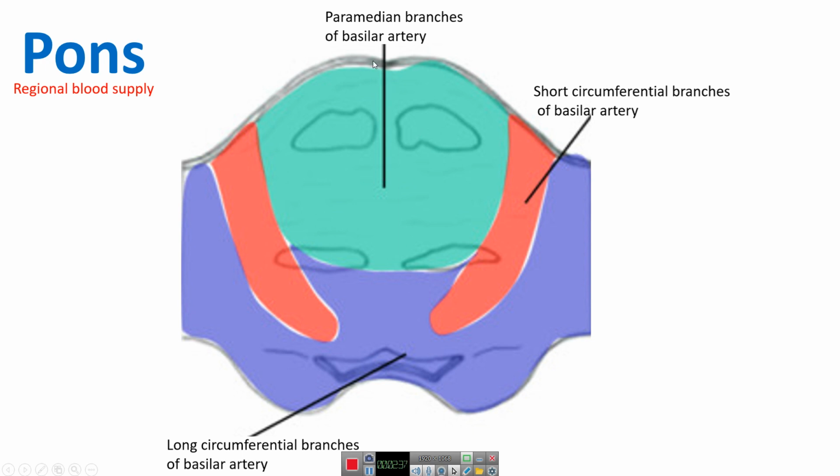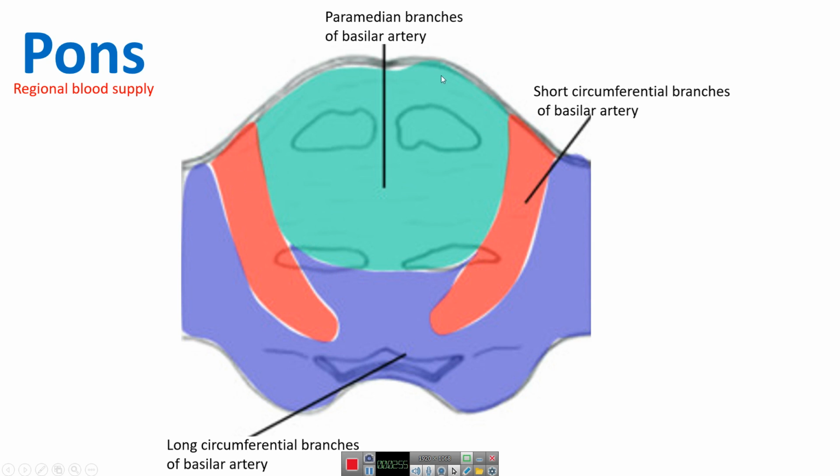The blood supply of the pons comes mainly from the basilar artery, but we have a certain point. First, the paramedian branch supplies most of the anterior part, the paramedian branch of the basilar artery on both sides.